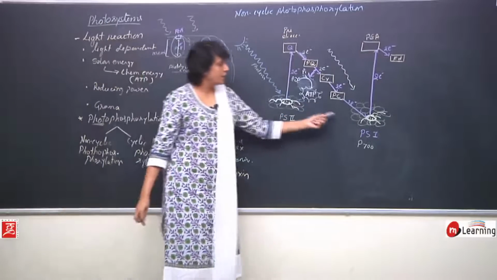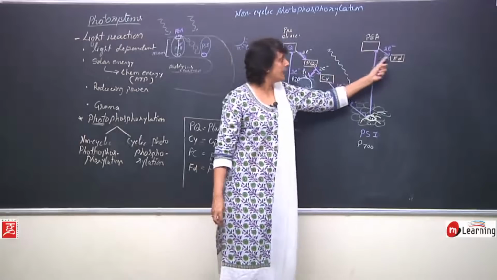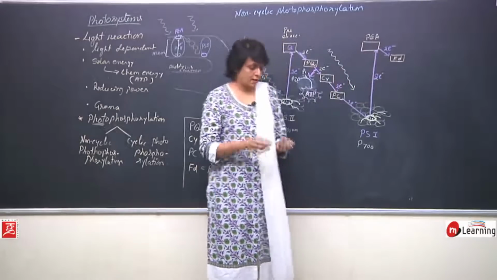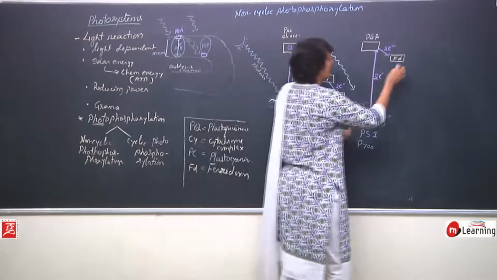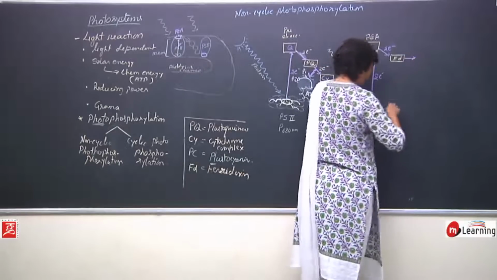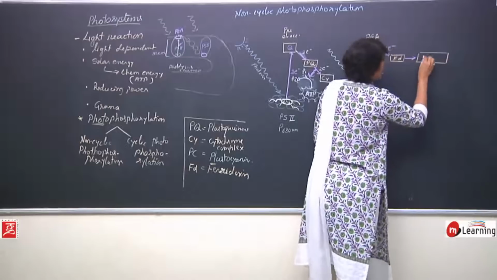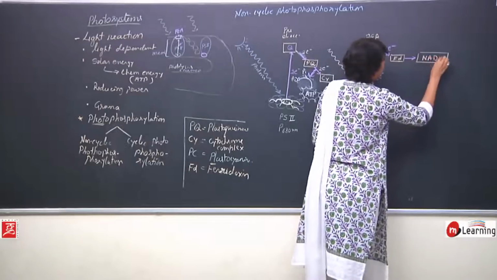So, in case of PS1, from the primary electron acceptor, the electron pair goes to ferredoxin, and from ferredoxin, this electron pair is accepted by a substance called NADP.